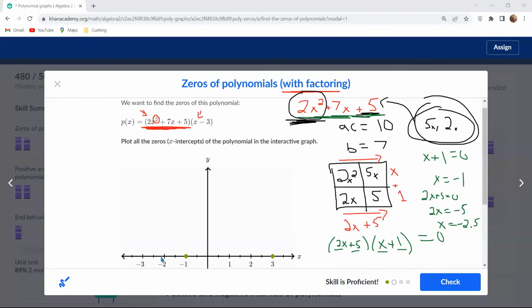So it should be somewhere here. If we wanted to sketch this, well, it's a cubic. This x times the 2x squared is going to give you a leading term of 2x cubed. So this is a positive cubic, so it's going to end up on the right, down on the left. When I multiply the negative 3 and the positive 5, I'm going to get a y-intercept of negative 15.